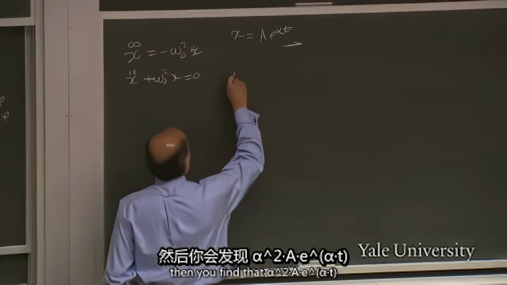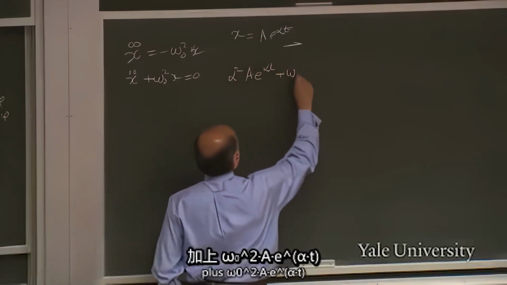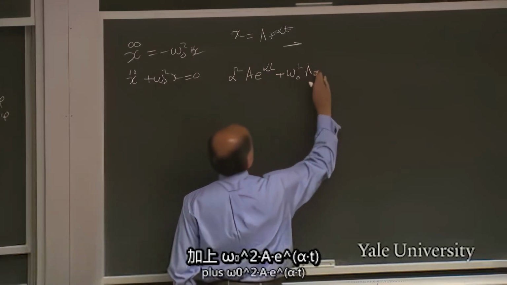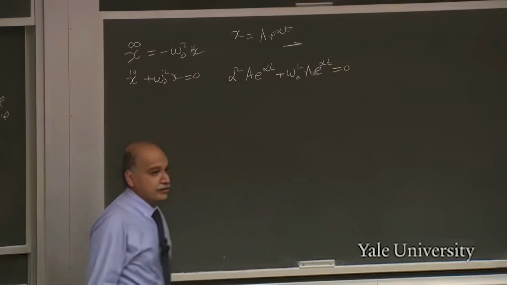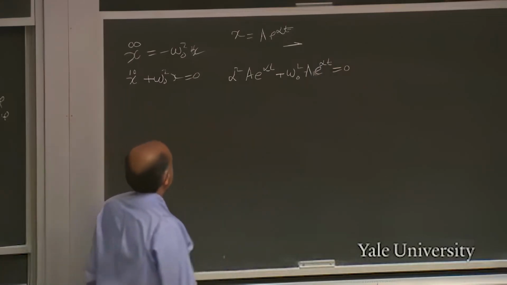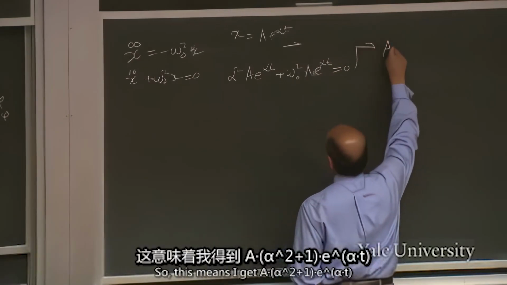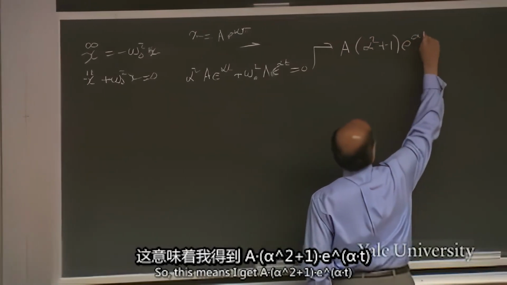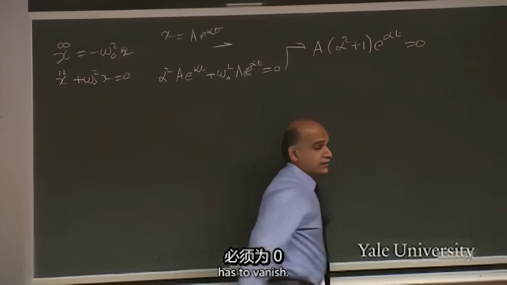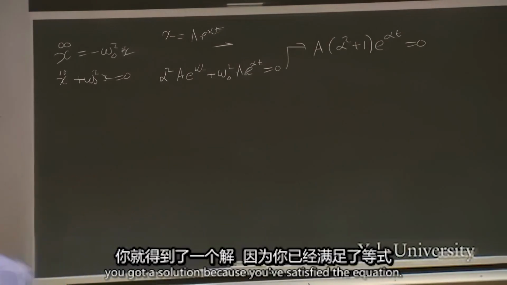Then you find it's alpha squared a e to the alpha t plus omega 0 squared a e to the alpha t has to be 0. So we know what to do. Let's group a few terms. So this means I get a times alpha squared plus 1, times e to the alpha t, has to vanish. If you can make that happen, you got a solution because you've satisfied the equation.